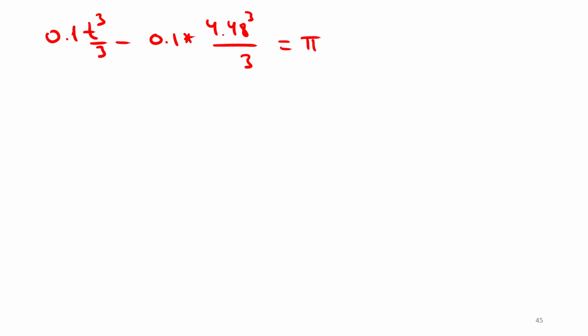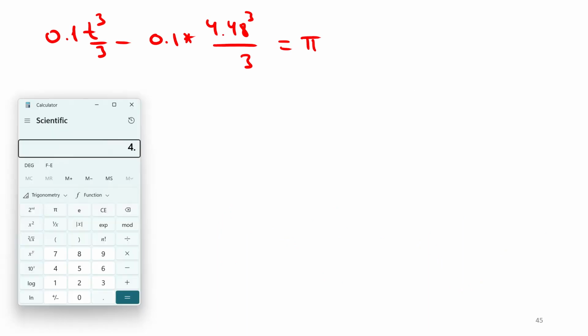Let's calculate the second part. This is 90 divided by 3, which is 30, times 0.1, which is 3.